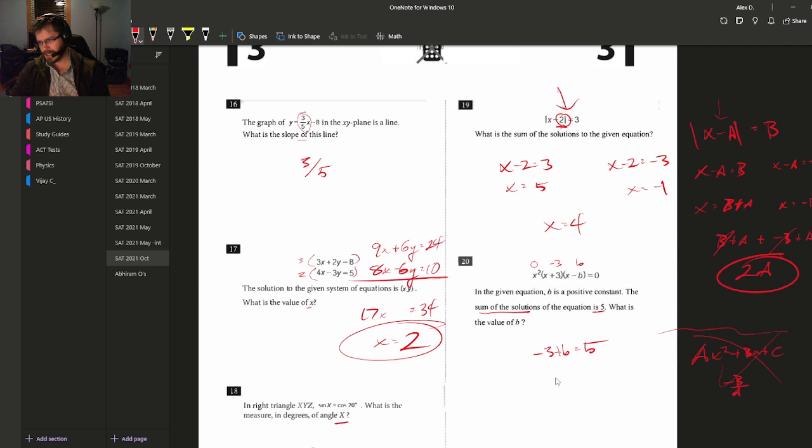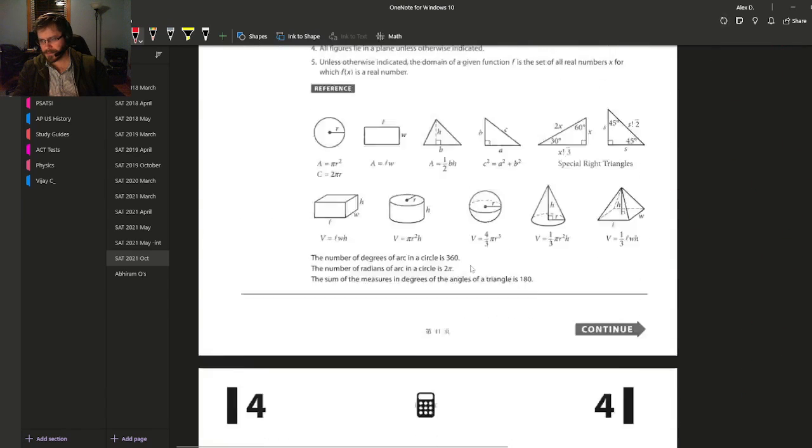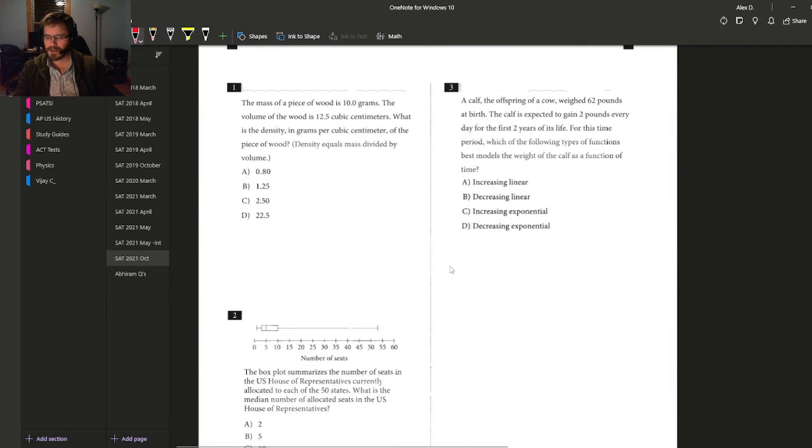So b then must be 8. You don't actually have to expand that. You'd end up getting a fourth degree polynomial anyway, and it ends up being real weird. So be mindful of what they give you. They give you enough if you know how to look for it.